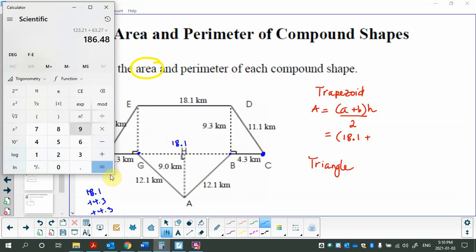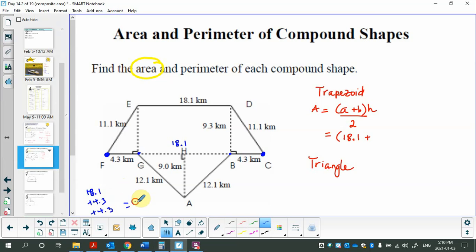So I need to calculate that. And that is 26.7. And that is the number I need to use here.